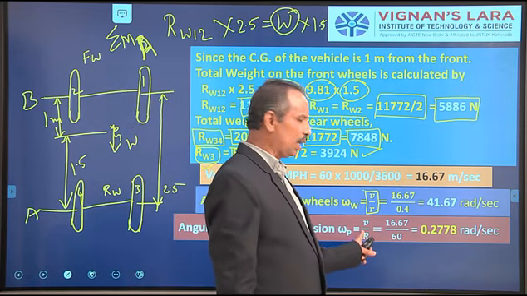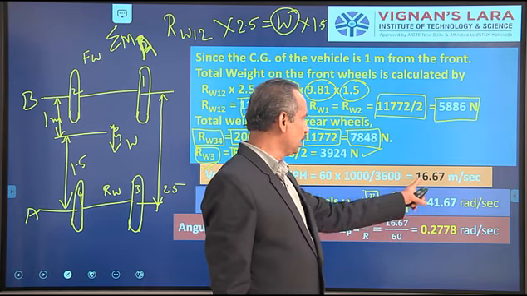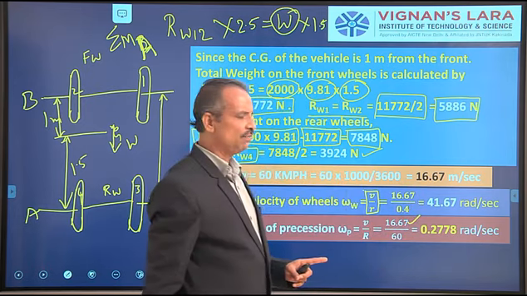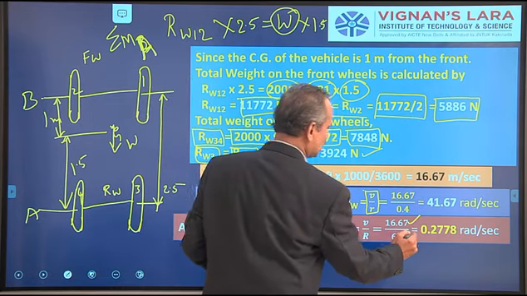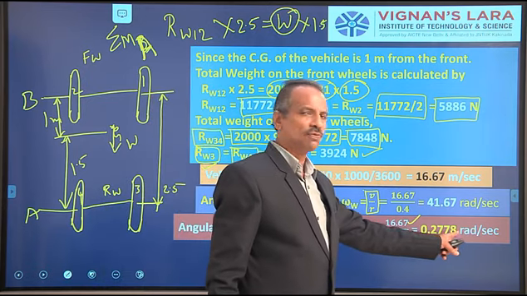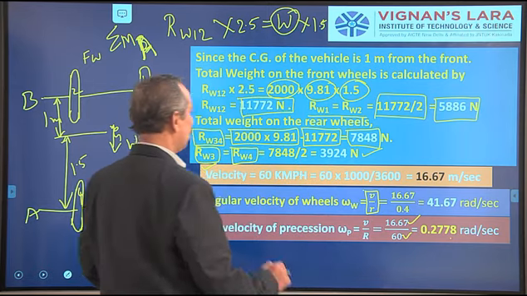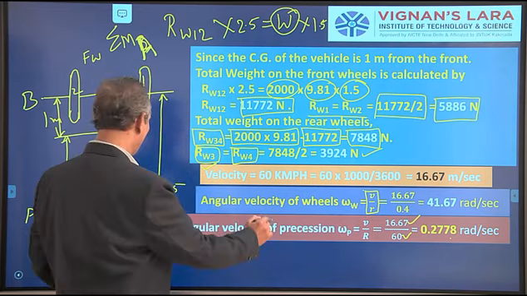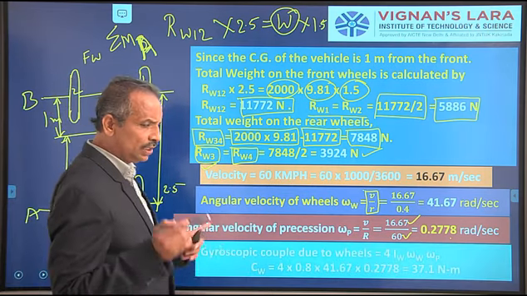Then what is the angular velocity of precession? We know this formula: V by capital R. Already we have calculated V, 16.67, and in the given problem capital R is equal to 60 meters. By substituting that, you get 0.2778 radians per second. So I have obtained omega w and omega p. Next, there are 4 wheels.